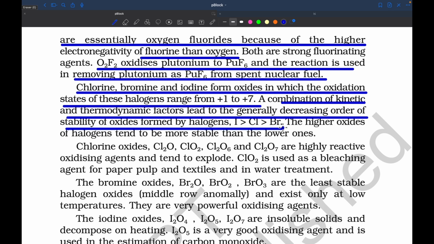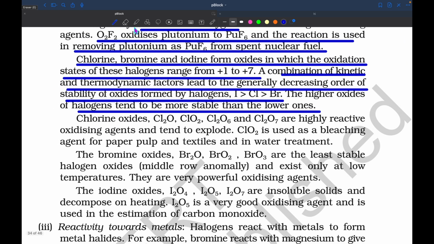So this is the order. Higher oxides of halogens tend to be more stable than the lower ones. Higher oxides are very well known. So chlorine oxides are mentioned here. Chlorine has oxides like Cl2O, chlorine monoxide, chlorine dioxide, chlorine hexaoxide, chlorine heptaoxide.